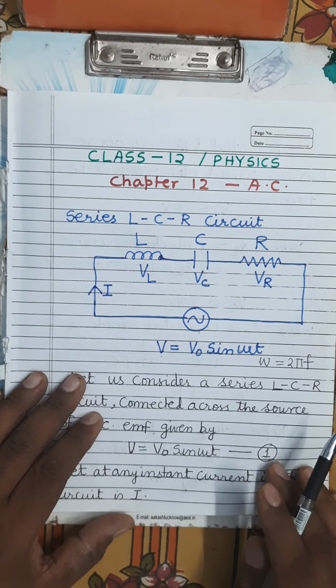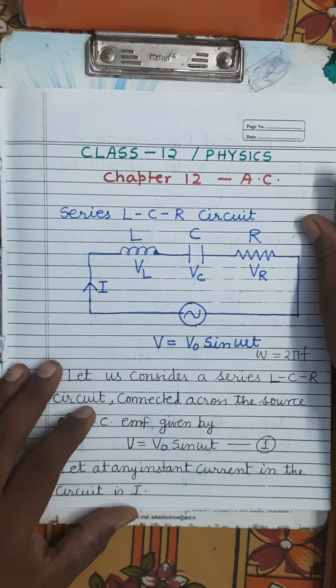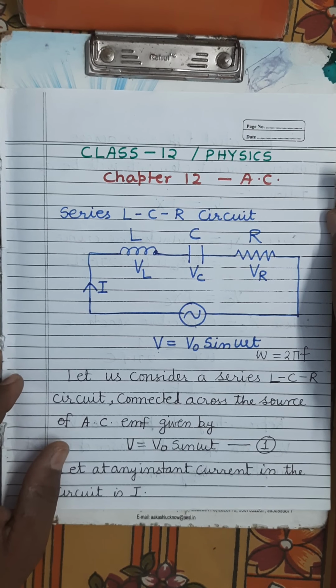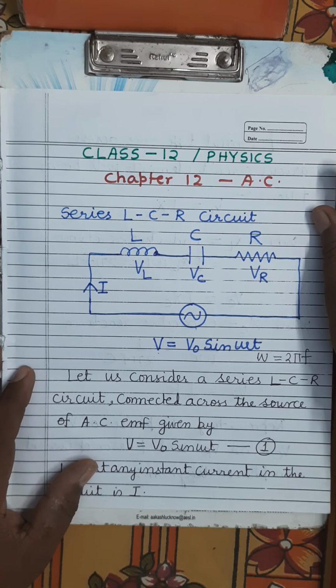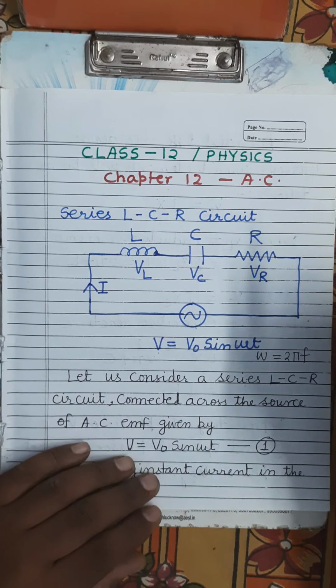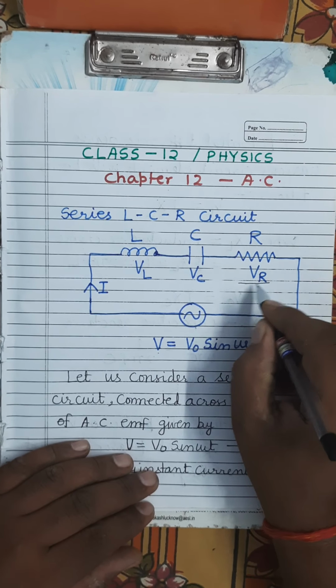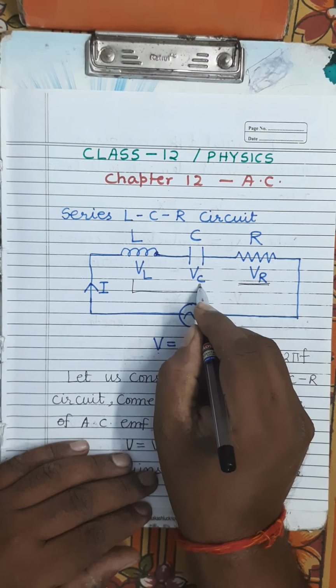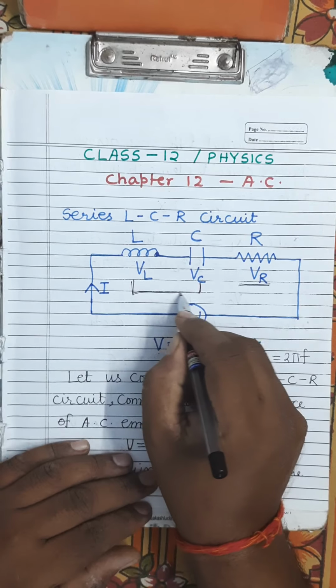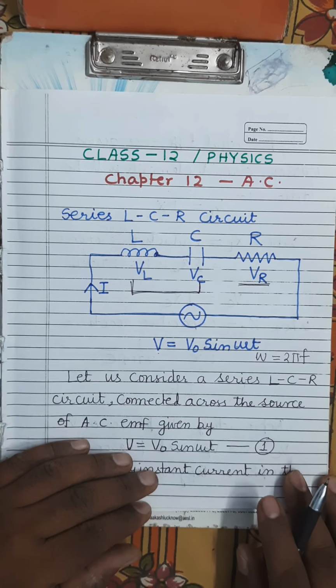Here this V upon I in an LCR circuit has been given a different name. And why has it been given a different name? Because this is producing resistance, while these two are producing reactance. It's clear? These two are producing reactance.